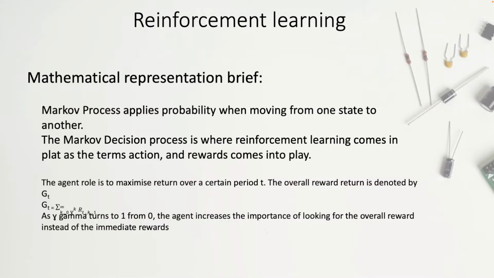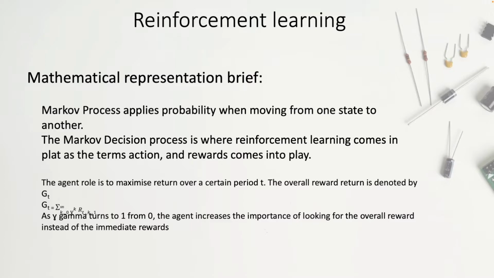So the mathematical representation: the Markov process applies probability when moving from one state to another. The Markov decision process is where reinforcement learning comes into place, as the terms action and rewards come into play. The agent's role is to maximize return over a certain period t.